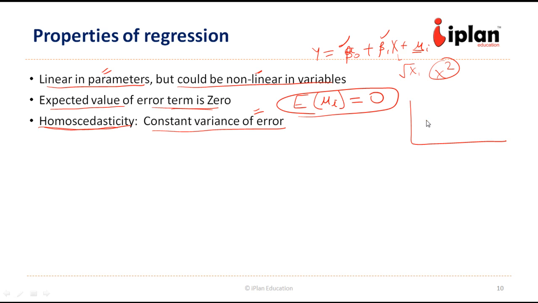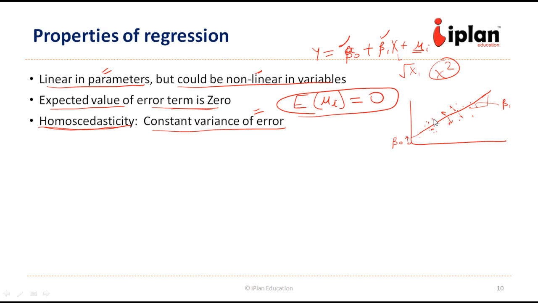So if we look at the scatter plot, suppose this is the scatter plot and this is our population regression line, and this is the value of beta naught, and this slope is beta 1. Now these are the error terms, because there are some points which are not lying on the line, they are far from the line.